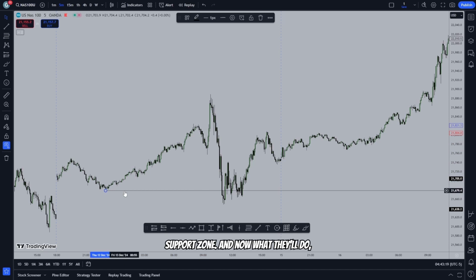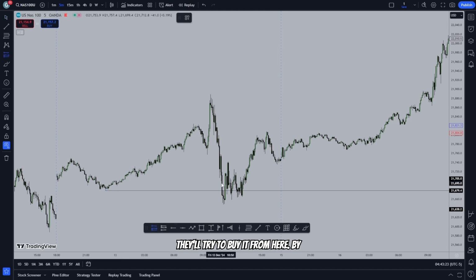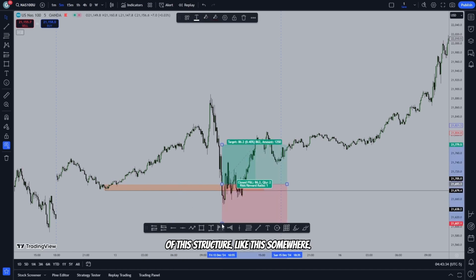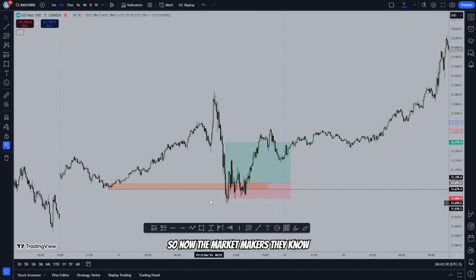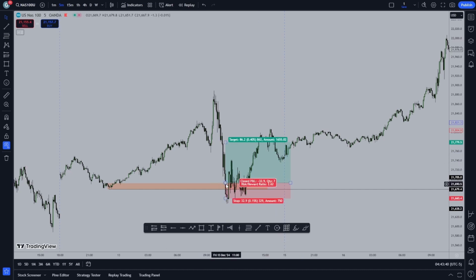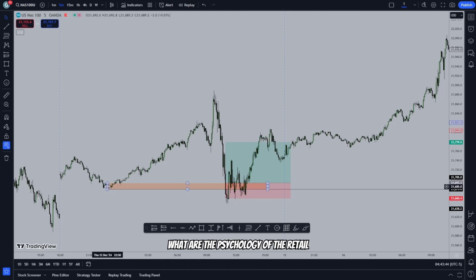This is a support zone, so they will try to buy from here by marking a demand zone like this, and their stop loss will be a little bit below this structure, somewhere like this.